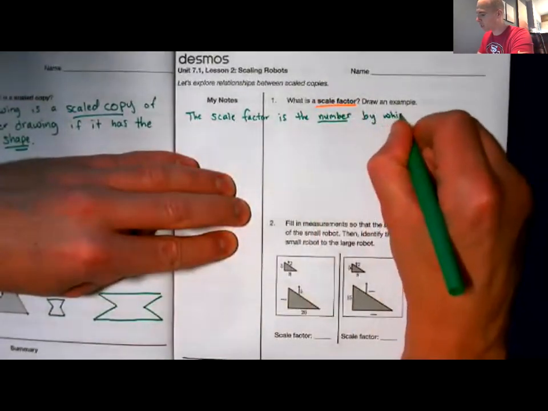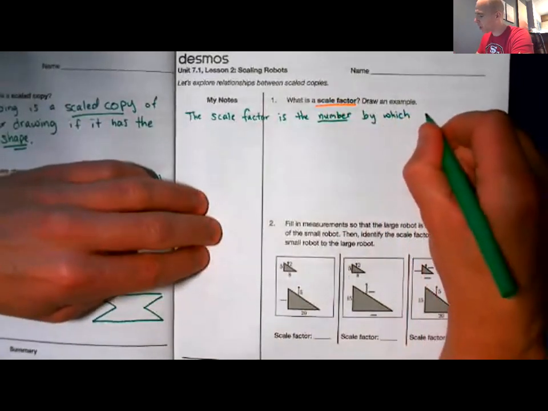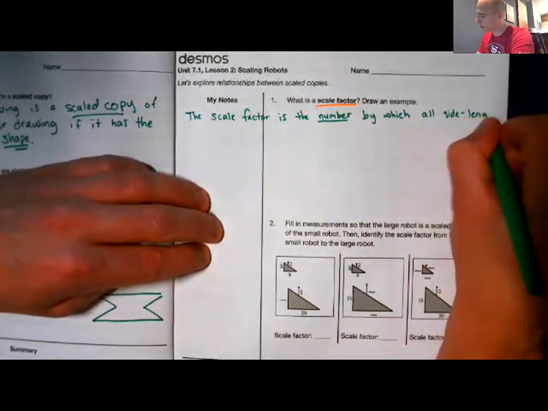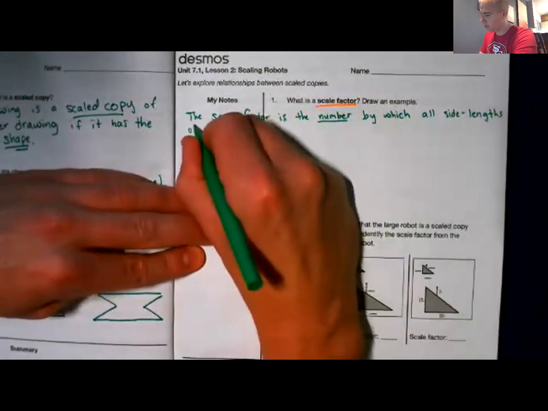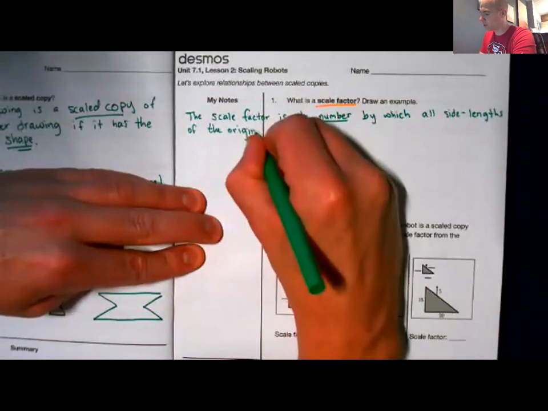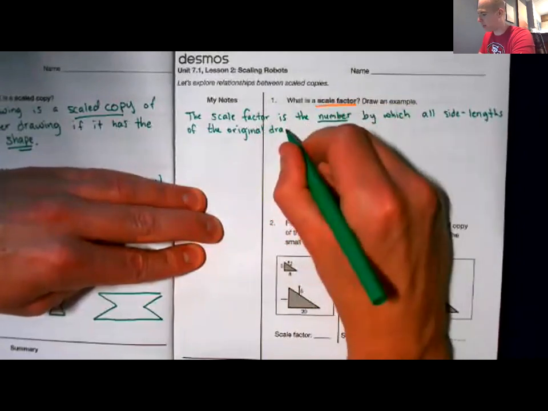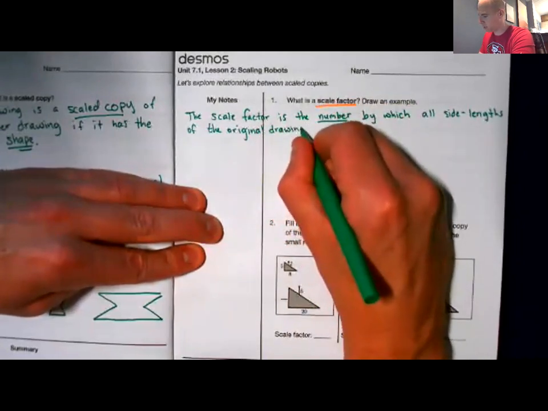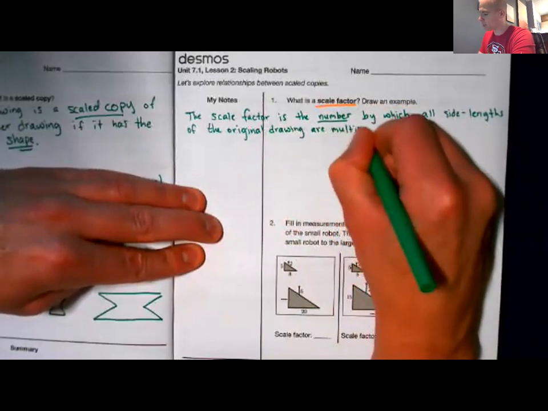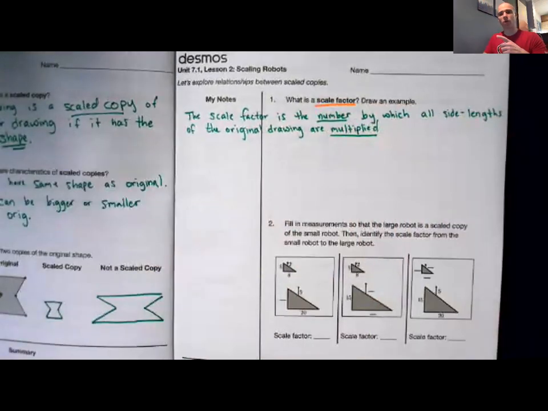by which, kind of a weird way of wording things, but it's like the proper way. The number by which all side lengths of the original drawing, sorry, my L kind of blended in with the line on the paper there. The original drawing are multiplied. Okay, so that's another big, important piece of this. The scale factor is a number that you're always multiplying by.